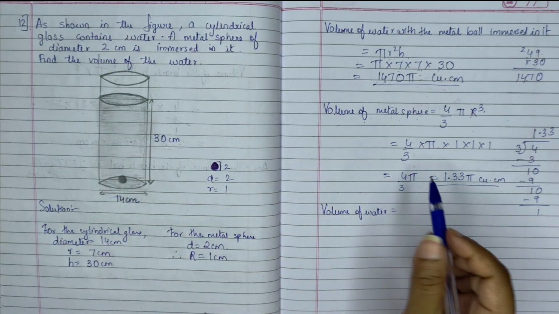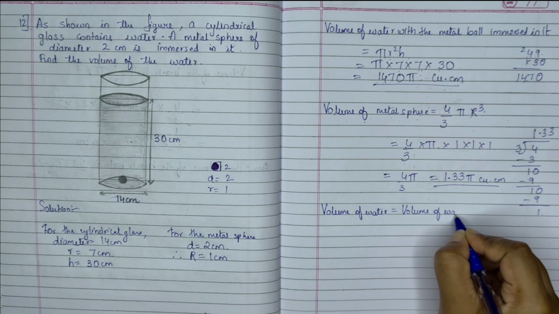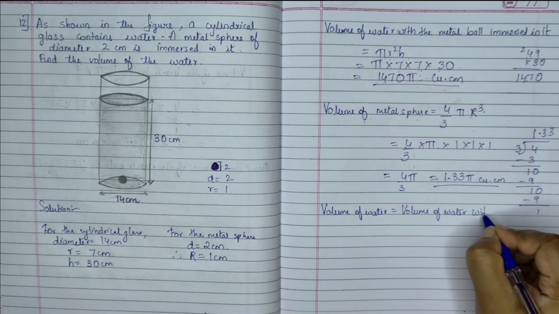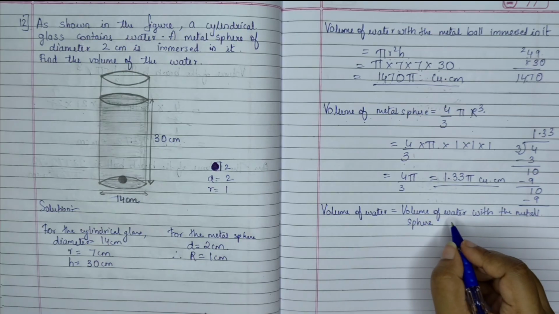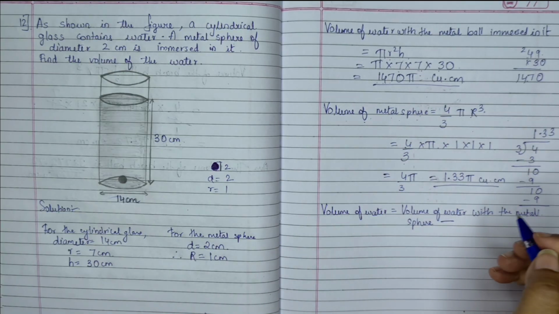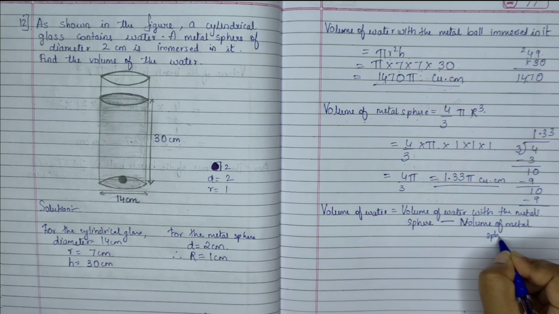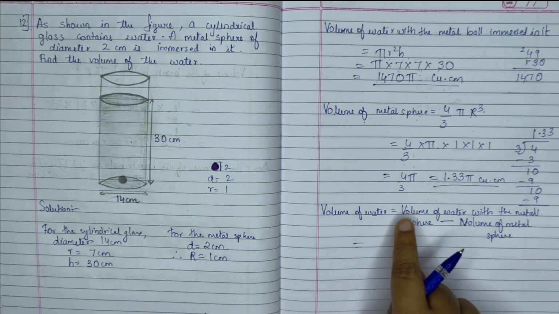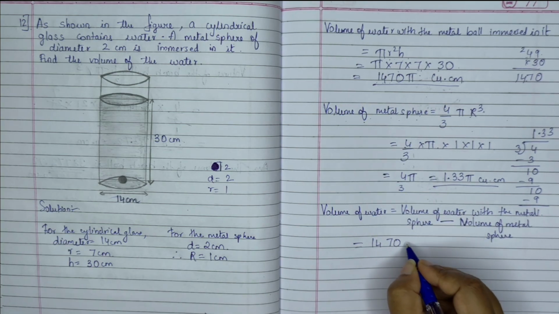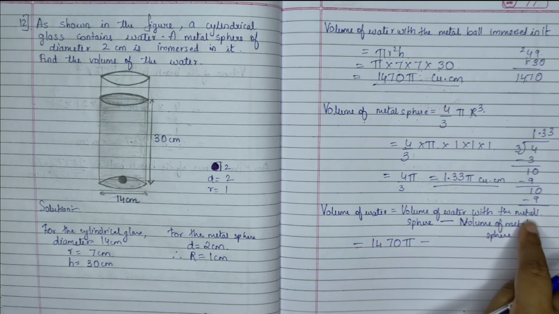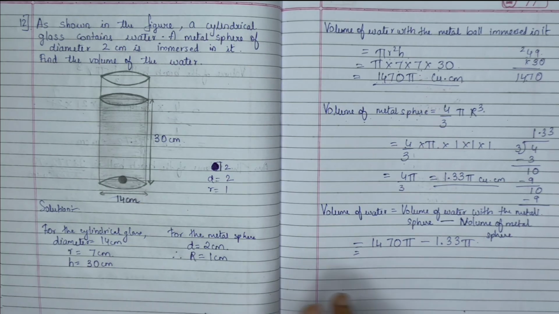We have to remove that sphere, so we subtract. That is 1470 pi minus 1.33 pi.